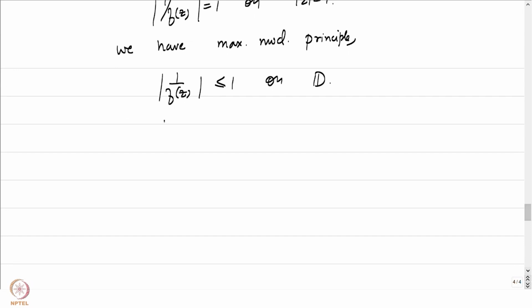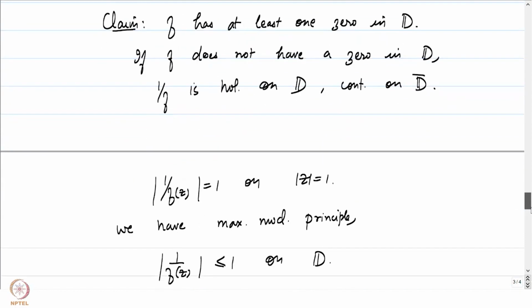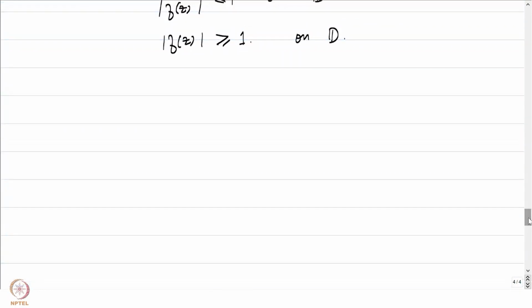But that's precisely going to manifest as demanding that absolute value of f of z is greater than or equal to 1 on D. But we already have by the maximum modulus principle that the absolute value of f of z is less than or equal to 1. And in conjunction with this, we have absolute value of f of z is equal to 1 on the unit disk.